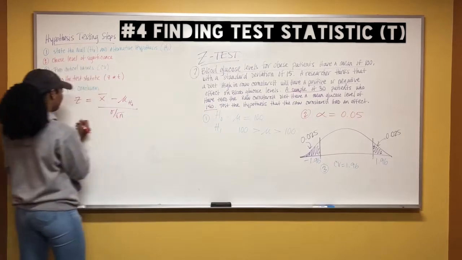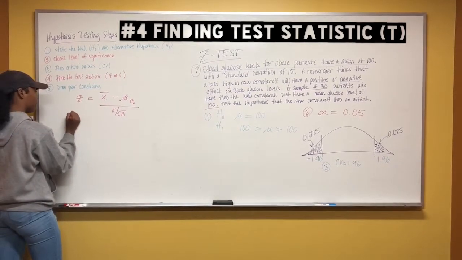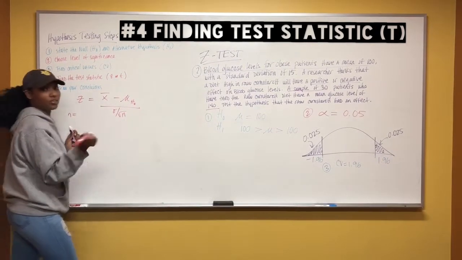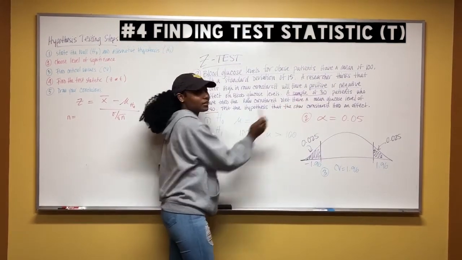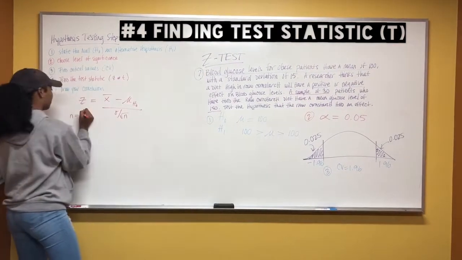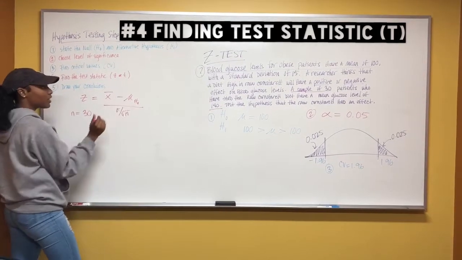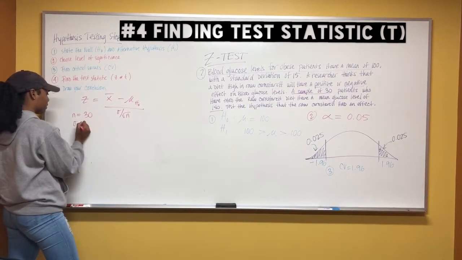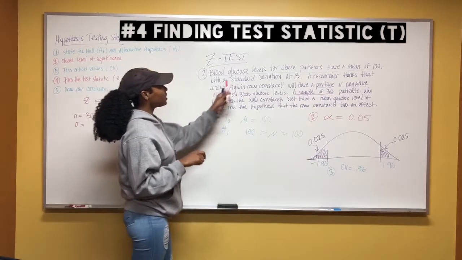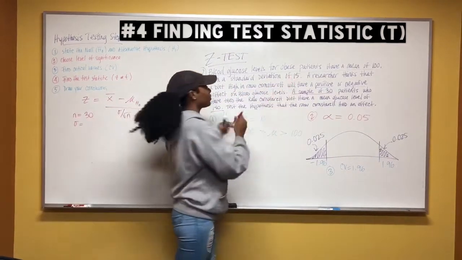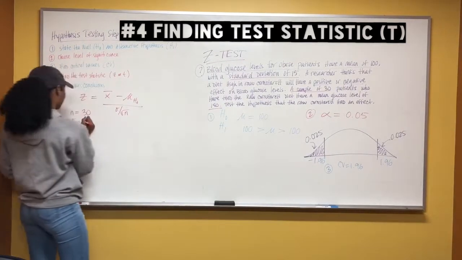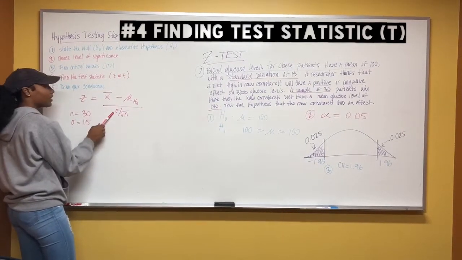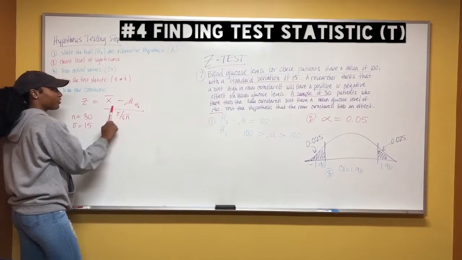Let's write here what's been given to us. The sample size n is 30, as stated in the problem, so we'll put n equals 30. Sigma has also been given to us, which is the standard deviation of 15, so I'll underline this and write it equal to sigma over here. Lastly, we'll fill in the blanks for these two.